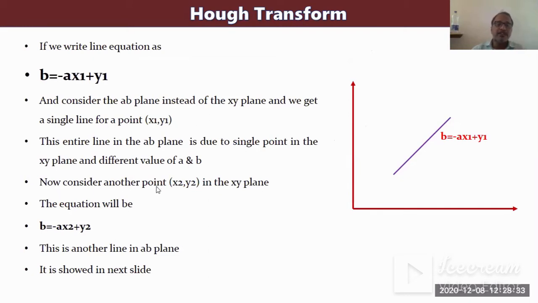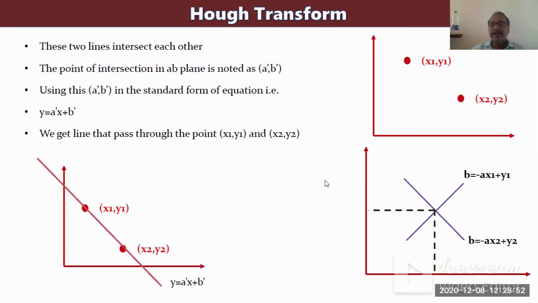Now we can consider another point x2, y2 in this plane. This is the x1, y1 point, and there is another point we have to consider, x2, y2. So the line equation becomes b = -ax2 + y2, and this is another line in the ab plane. This is shown in this slide. So these are the two points, x1, y1 and x2, y2, in the xy plane.